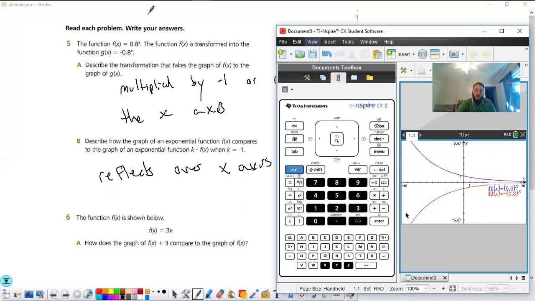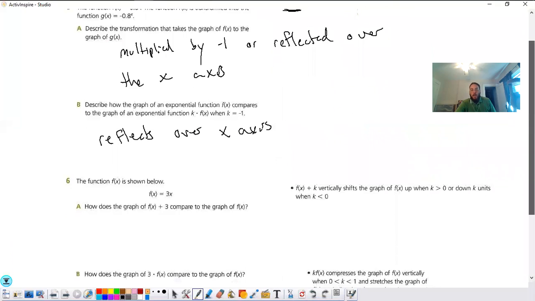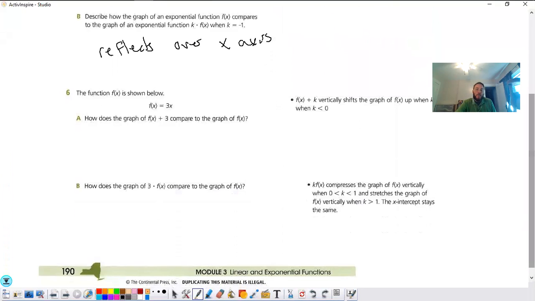All right, so now number 6 says, the function f of x is shown below. F of x equals 3x. How does f of x plus 3 compare to the graph of f of x? Well, if f of x, then we're adding 3, that's going to be a vertical shift.